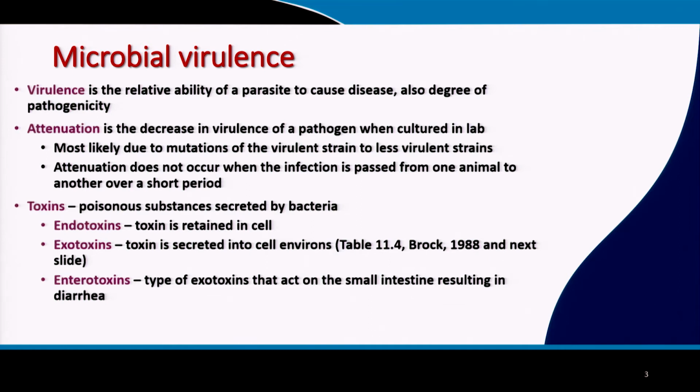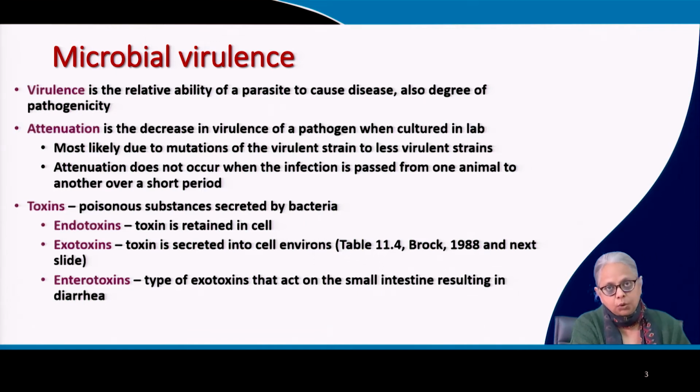So let's take a look at microbial virulence. Now we already know that pathogens can be bacterial, viral, protozoa, all kinds of microbes exist. Let us say that if a particular pathogen or a particular parasite is known to cause a disease, is the relative ability to cause the disease going to be the same?